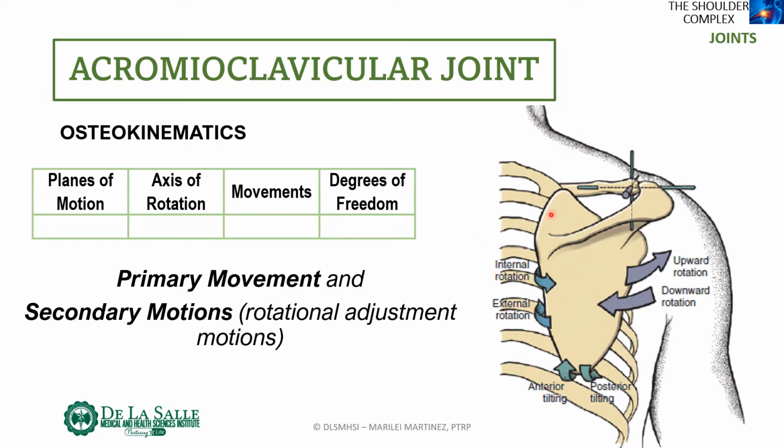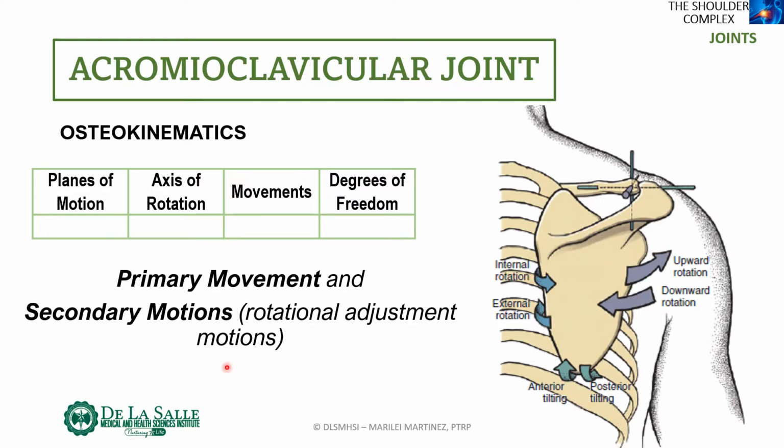Then the axis of rotation is the z-axis, or the anterior-posterior axis. Please don't be confused with the scapular plane that I mentioned a while ago, because if you remember, your scapula is tilted posteriorly with reference to the frontal or coronal plane.